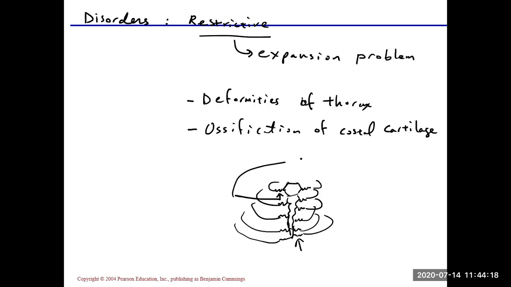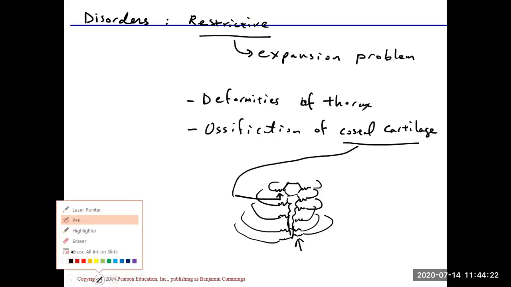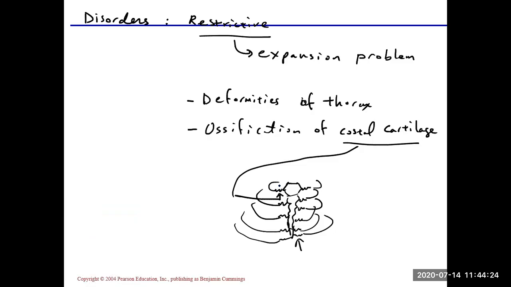Costal cartilage is supposed to be flexible. When you are breathing in, the lungs are expanding, and due to this cartilage being flexible, the ribs and the lungs are all expanding.